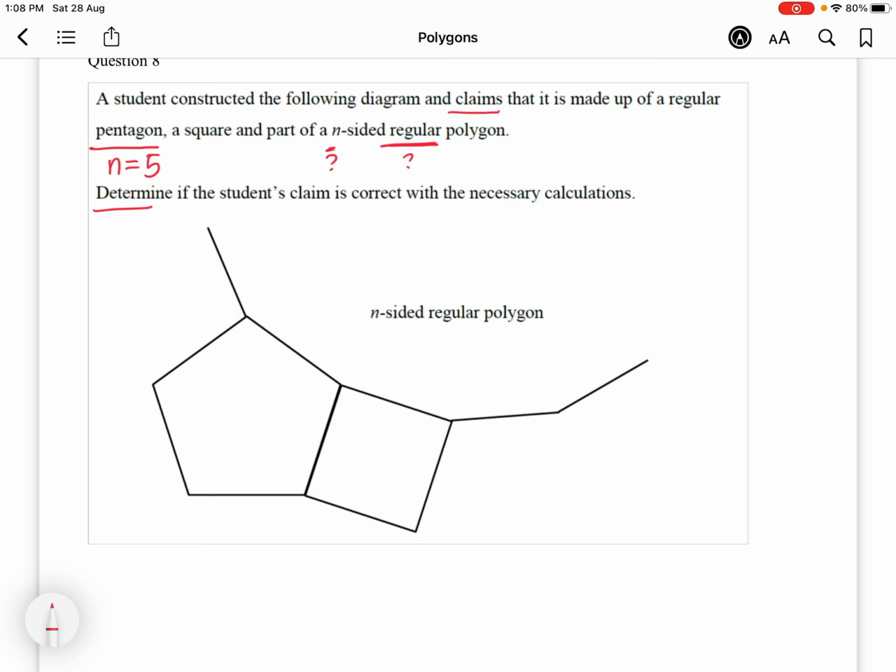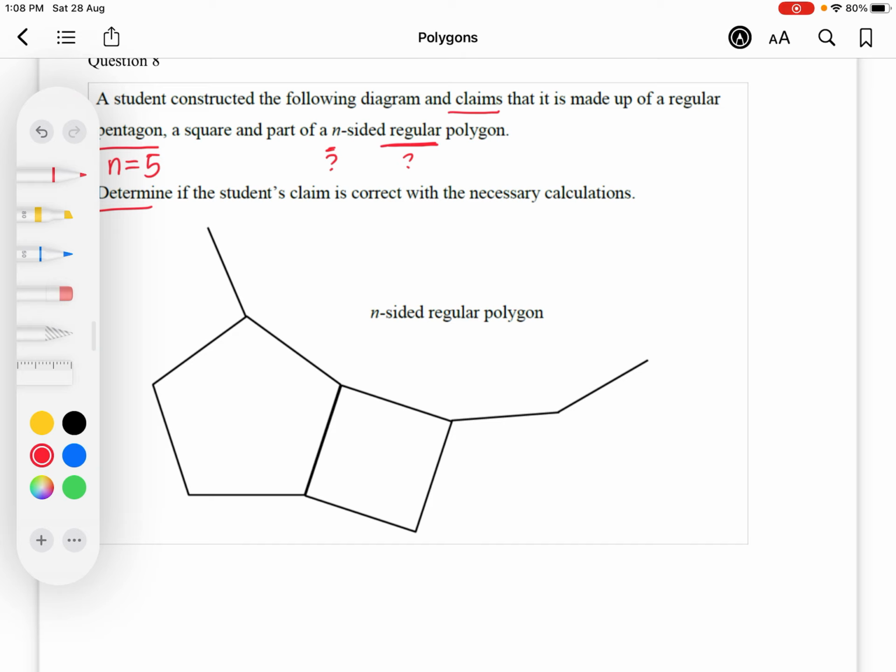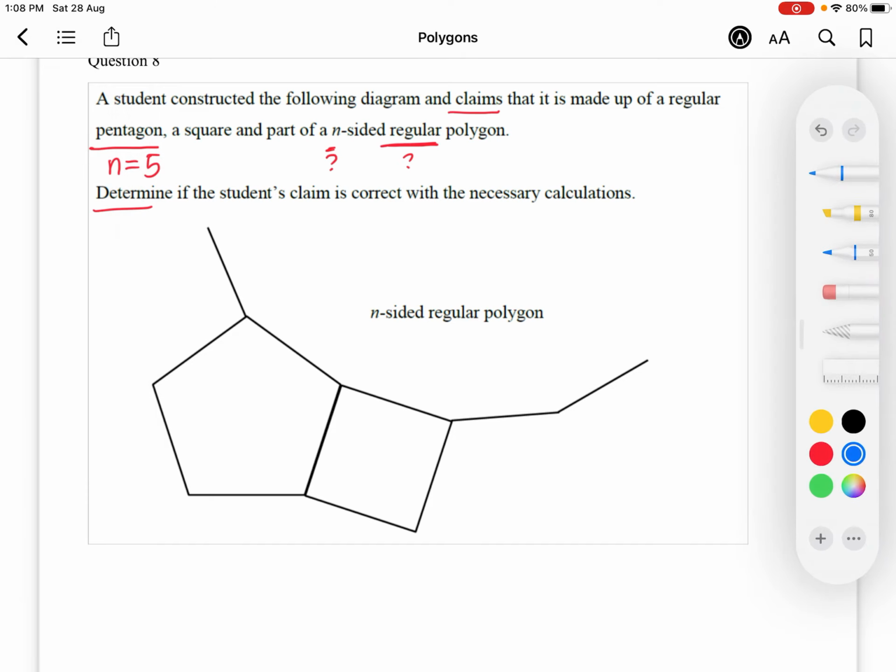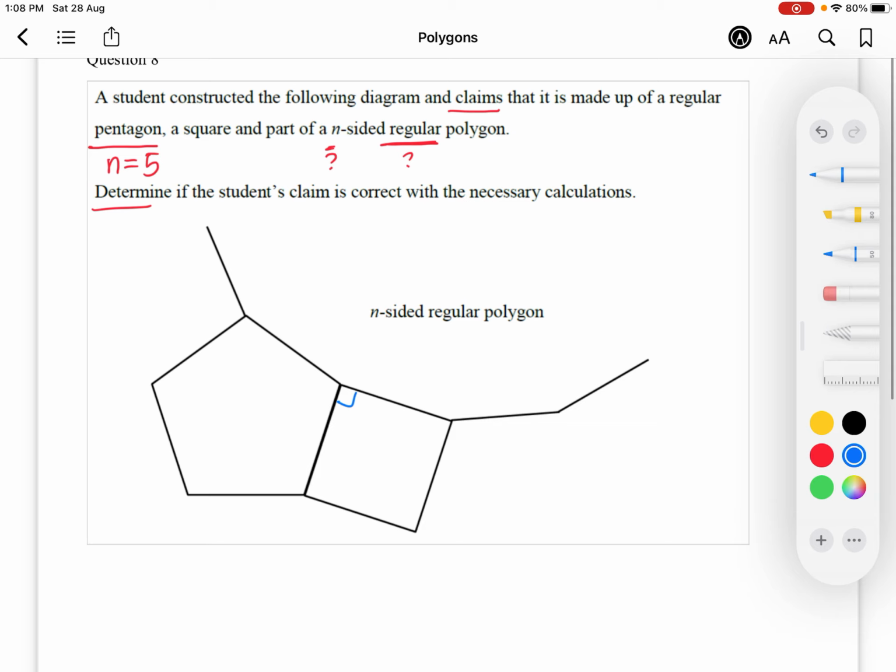Okay, let's check. Now, using the information that we have, first one, we know that this is a square. So we have 90 degrees over here. So this is already done, 90 degrees. Okay, next one, we know that this is a pentagon. So if this is a pentagon, n is equals to 5.